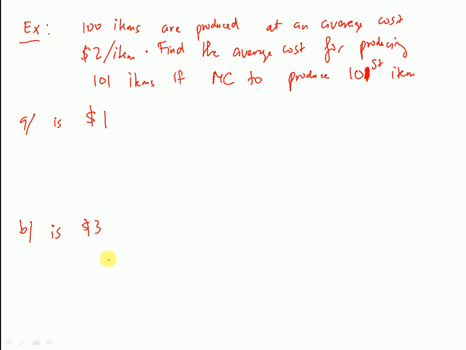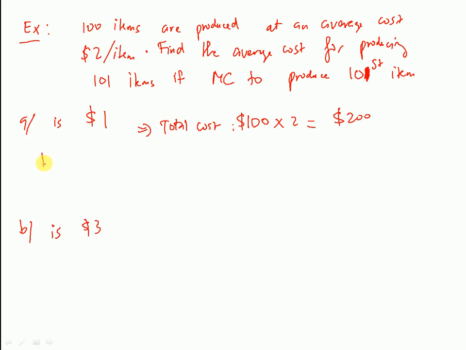Now let's find the total cost first. We know that it's $2 per item, and we have 100 items. So we take 100 multiplied by 2, which gives $200 for producing 100 items.